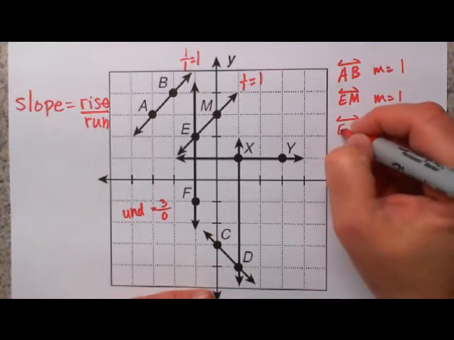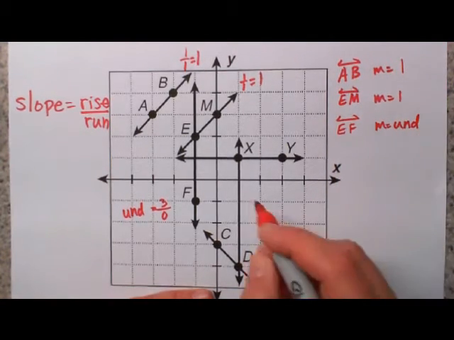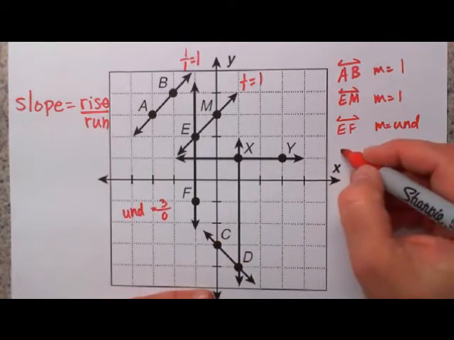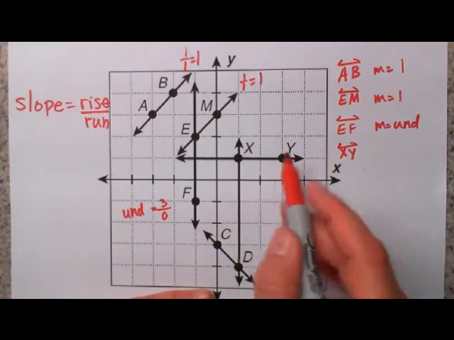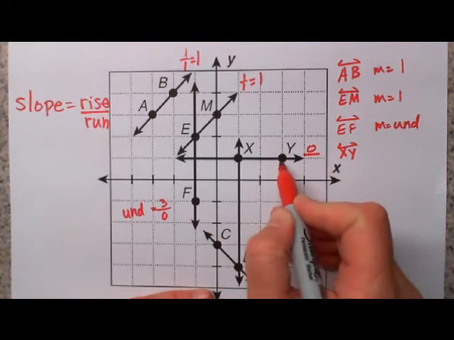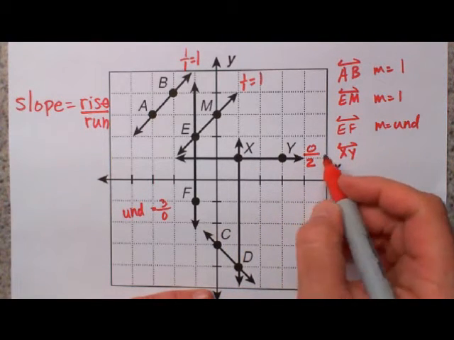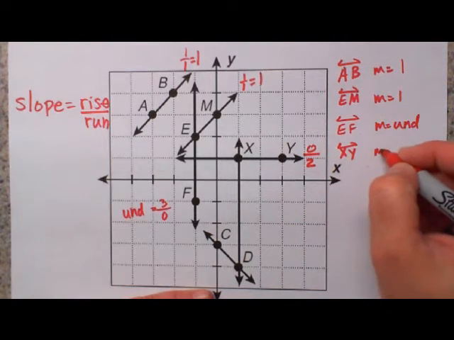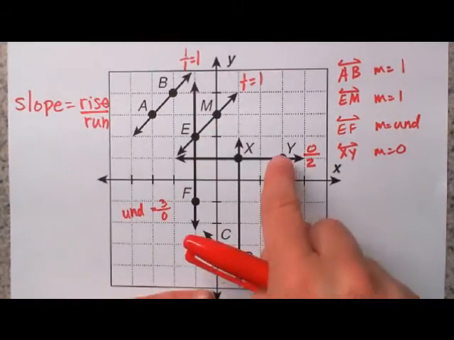Line EF slope is undefined. Let's look at line XY. I have a change in y of 0 over a change in x of 2. So the slope is 0. M equals 0. Then we've got that line, did that one, that one.